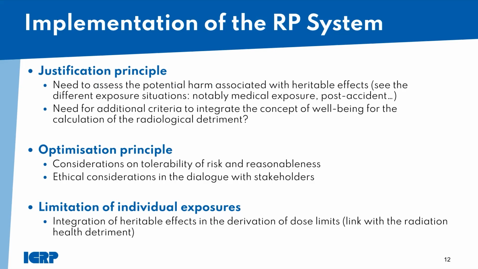And if, as we discussed previously, the heritable effect is a very small part in the calculation of the health detriment, then it will not affect the optimization principle too much. If not, or if for a vulnerable population or specific group, or probably in the medical sector, it may have significant consideration for the optimization principle.